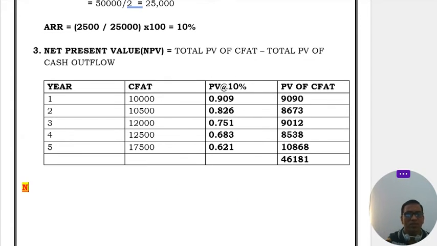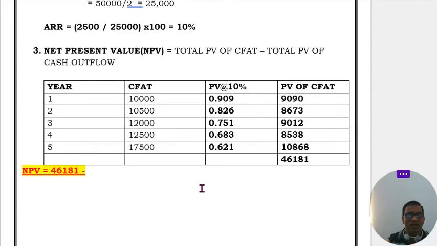So NPV is equal to total PV of CFAT, 46,181, minus cost of the project, the total PV of cash outflow. Cash outflow means the cost of the project, and the cash outflow is in year 0.